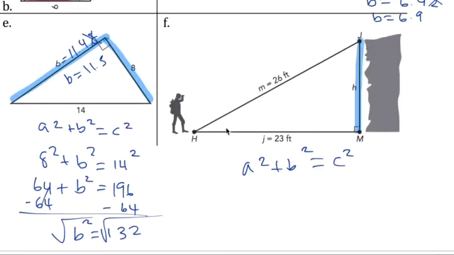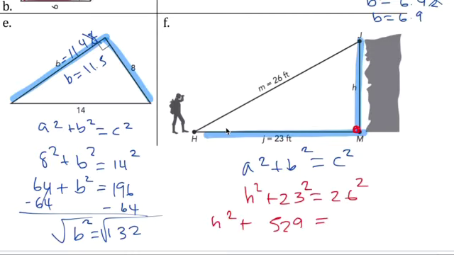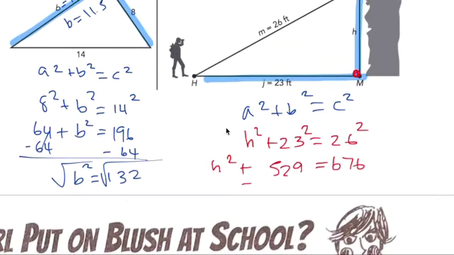Okay, so this is A squared plus B squared equals C squared. This is A and this is B. So A is H. This is 90 degrees, so H squared plus 23 squared equals 26 squared. 23 times 23 is 529. 26 squared is 26 times 26, which is 676, and then subtract both sides by 529.